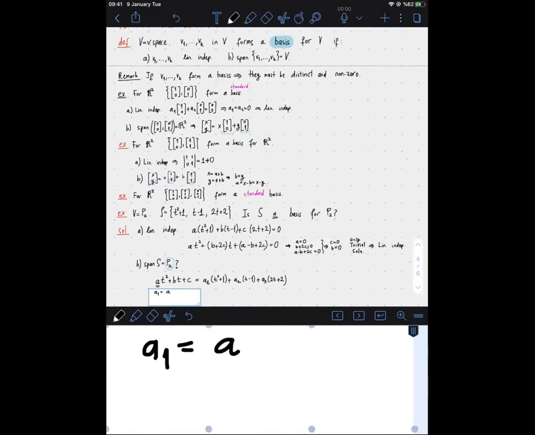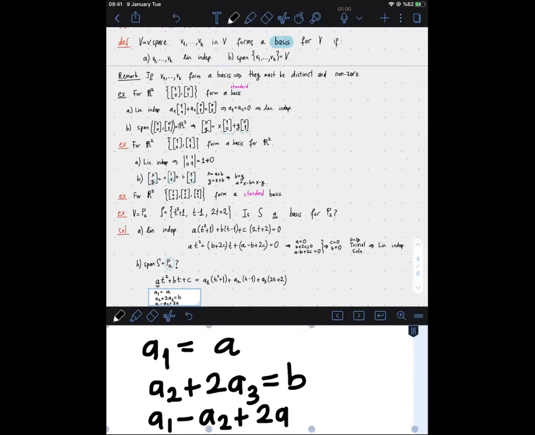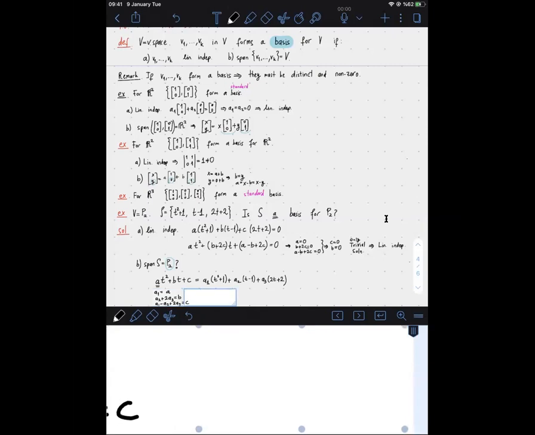The second line now is A2 plus 2A3 equals B. And finally, we have A1 minus A2 plus 2A3 equals C. So the question is whether this system has a solution for any A, B, C. How can we see that?